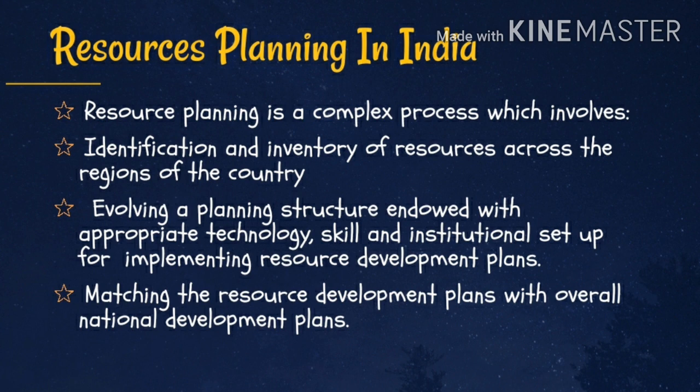That means where to find these resources. After doing all these things, we need to implement the resource development plan. The third step is matching the resource development plan with the national development plans. So these are the steps for resource planning in India.